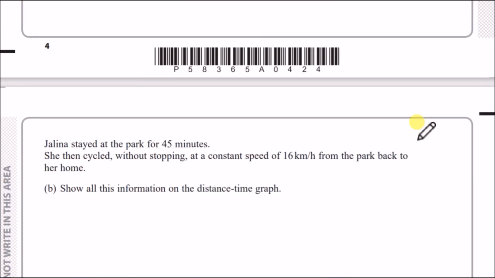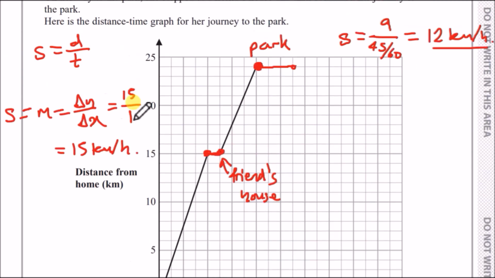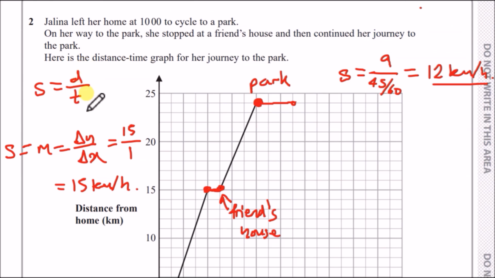So this is just a quick thing, going from the park straight to the home. So let's have a look. 16 kilometers per hour. You're at 24 right now. So currently, if we use speed equals distance over time, we know there's 24 kilometers to get home. So we can put t as the subject. To do this, always multiply t across and divide by s.